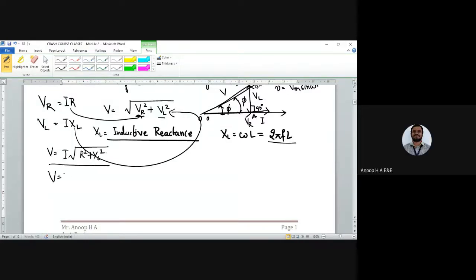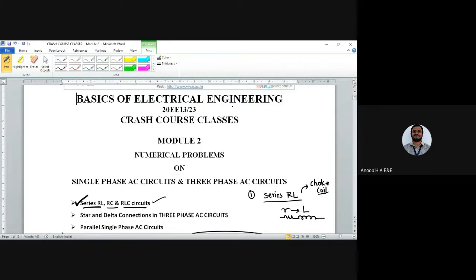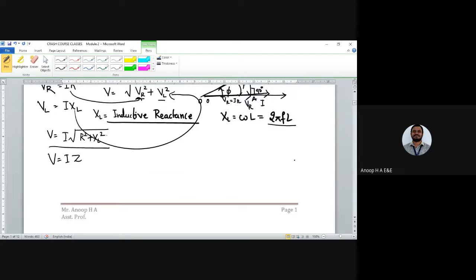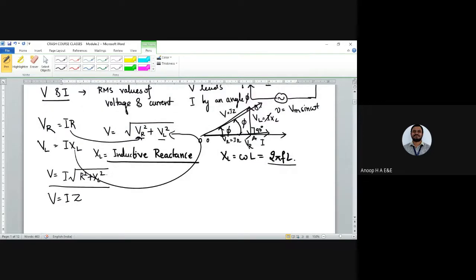I can compare it with the standard AC equation, that is V is equal to I into Z. So in the same triangle, I'll be getting V is equal to I into Z, VR is equal to I into R, and VL is equal to I into XL. So I gets cancelled out in both terms, that is VR and VL, and also in the hypotenuse. So I'll be left with V is equal to IZ.